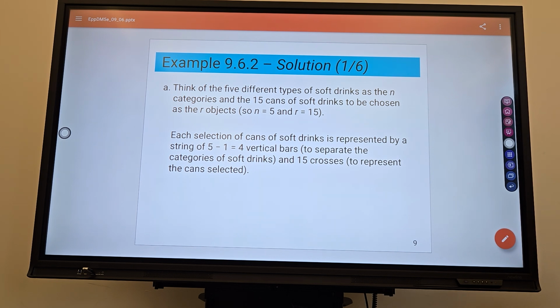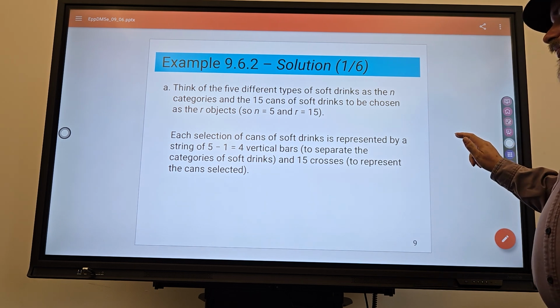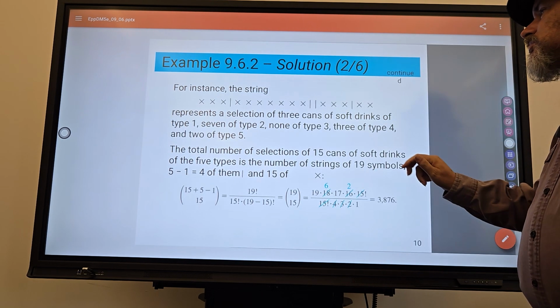Each selection of cans of soft drinks is represented by a string of 5 minus 1 vertical bars to separate the categories of soft drinks, and 15 crosses to represent the cans selected.